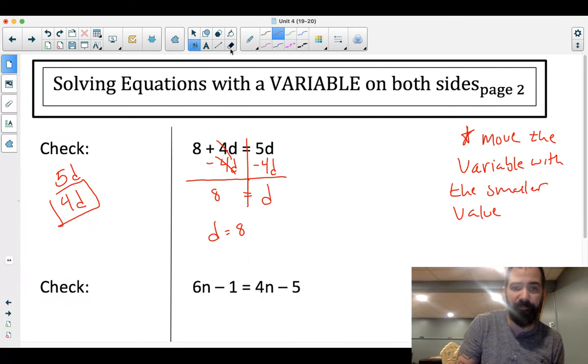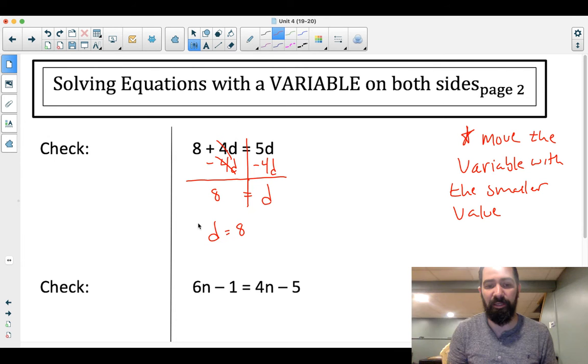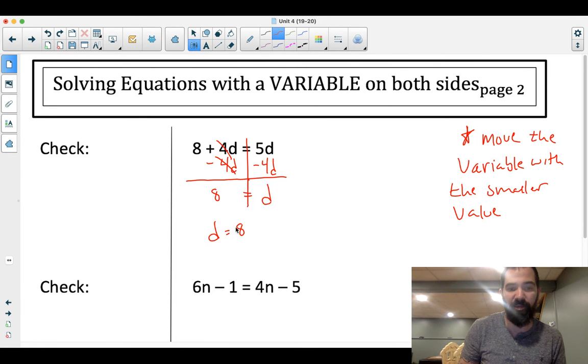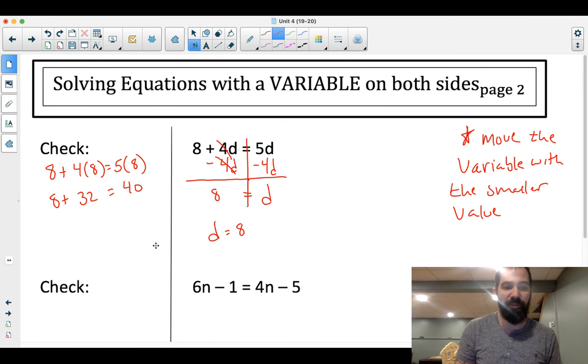You can check it. This check process tells you if you did or did not get it right. With 8 as our answer for d, we use substitution. 4 times d now becomes 4 times 8. We want to know, does that equal 5 times d, which is now 8. Well, what's 4 times 8? 4 times 8 is 32. 5 times 8 is 40. 32 plus 8 is 40, and 40 equals 40.